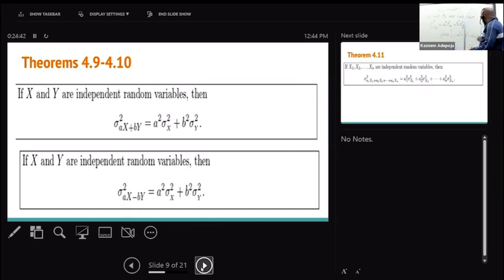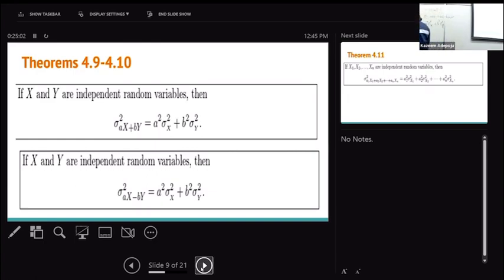Now, why is it that I did not consider this? Because if x and y are independent, then the covariance will be equal to 0. The covariance of x and y will be 0. How? This is the covariance, I'm going to show you now.